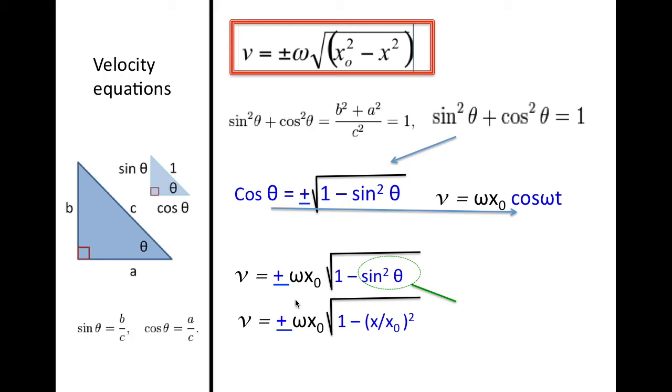From our x and y components, we know that x equals x sub 0 sine theta. When we solve for sine theta, we get x divided by x sub 0. We plug that in and we get v equaling plus or minus omega x sub 0 times the square root of 1 minus (x divided by x sub 0) squared.